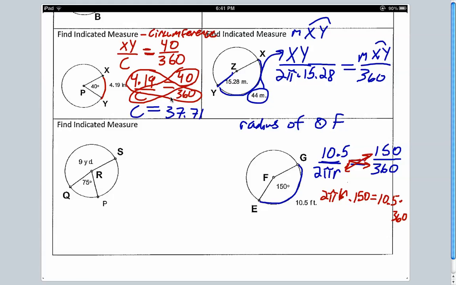Which is going to end up being, let's see, 300 pi r. Set that equal to 10.5 times 360 is 3780. And then we could divide by 300 pi and so on and so forth and solve for r. You should get down to r equals 4.01. And that's feet.